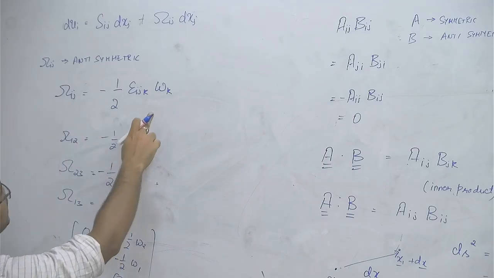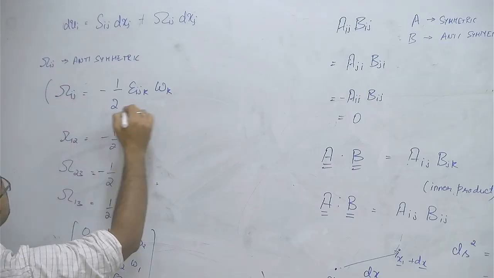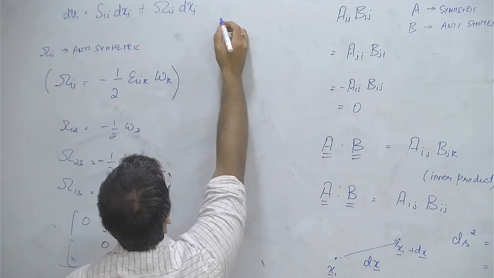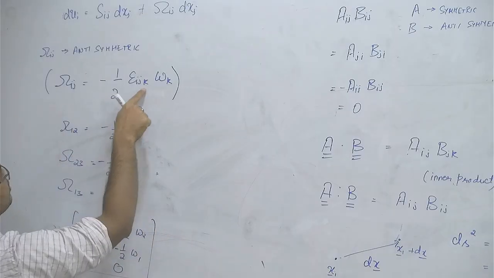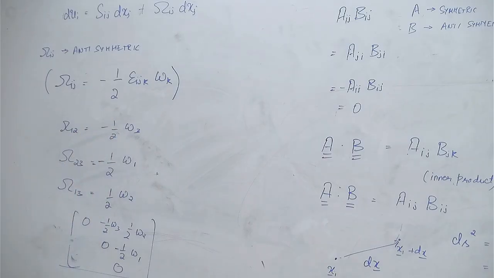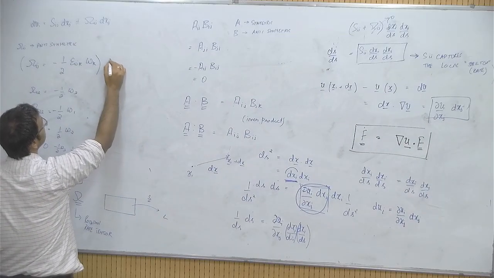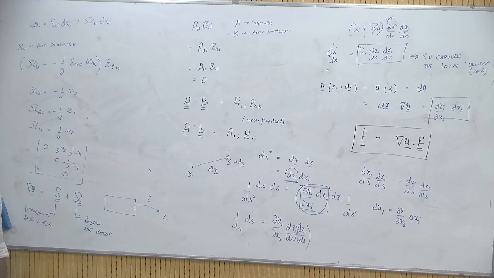So this omega is called the dual vector, and now there is a way in which you can invert this relation also. And the way to invert this relation would be, so what are the free indices on both the sides? What are the free indices in this expression? i and j. So what I am going to write, multiply this whole expression with epsilon lij. I am going to multiply both sides with epsilon lij.